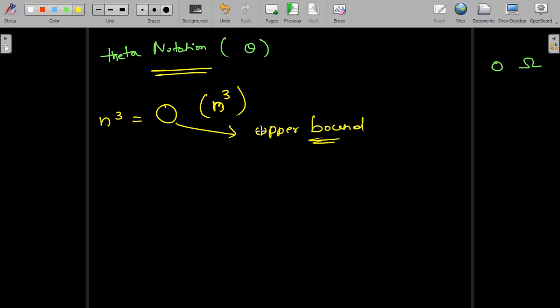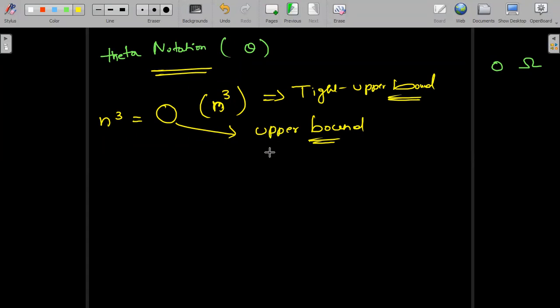What kind of upper bound are you going to get? Big O gives a tight upper bound as well as an upper bound. You get both things here.